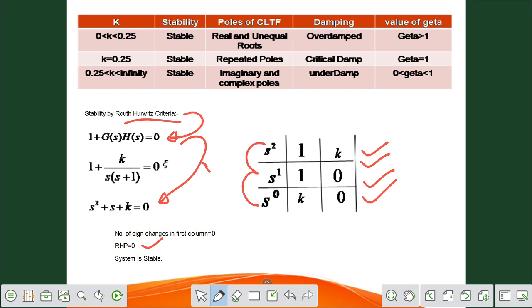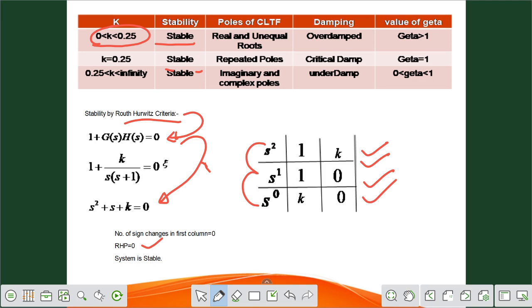If I am talking about stability by the help of Routh-Hurwitz criteria, I can easily tell you that this is a stable system. But by looking at the diagram only, I can tell you how I can talk about the stability. Basically, this is a table you can also check here. If the k value varies from 0 to 0.25, the system is stable. How the system is stable, I have already explained to you in the previous lectures.